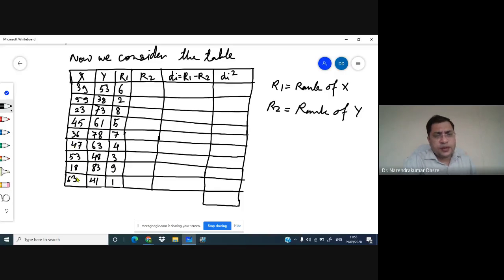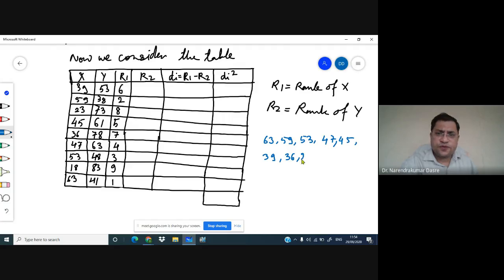So 63 is the maximum and we started with rank one, and accordingly we have written this. We considered the observations 63, 59, 53, 47, 45, 39, 36, and then 23 and 18.